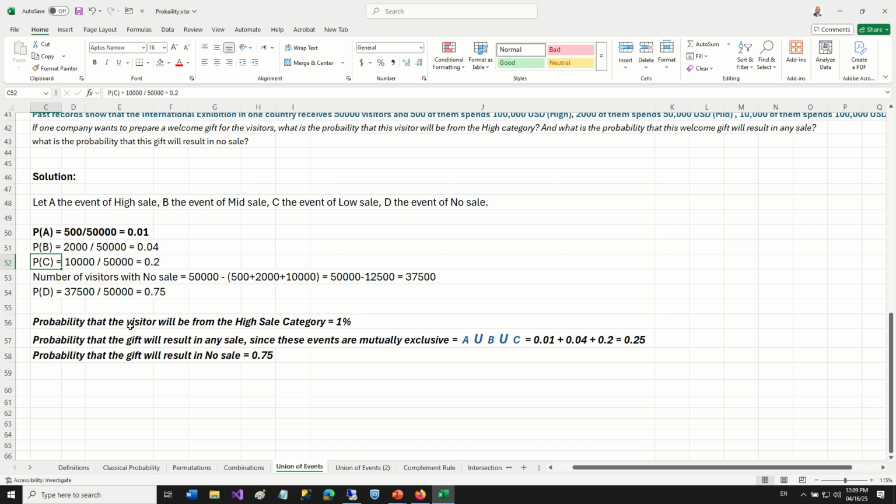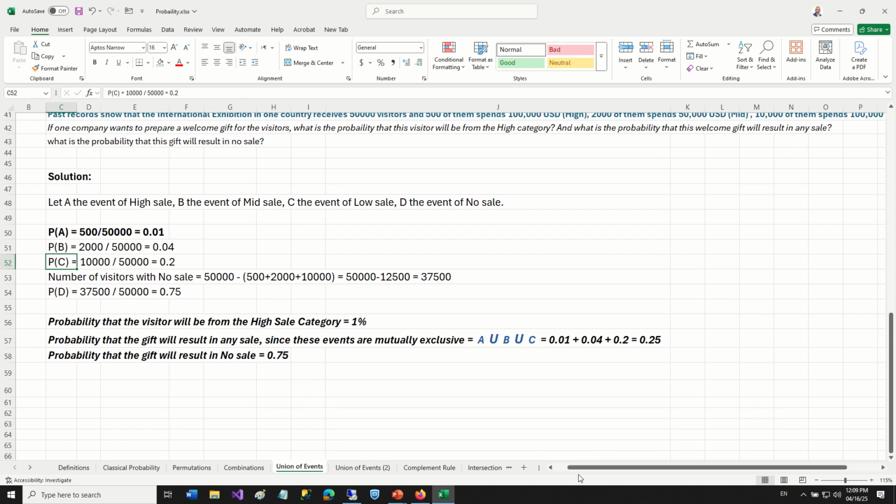So now the probability that the visitor will be from the high sale category equals 1% according to P(A), and the probability that the visit will result in any sale, as you see that we have probability of A and B and C. So when we talk about any sale, it means A union B union C. That will mean any of these events.